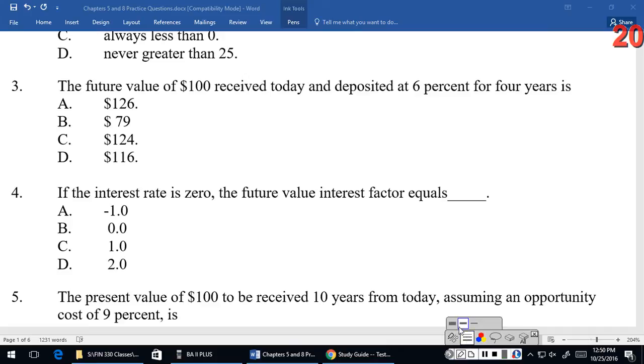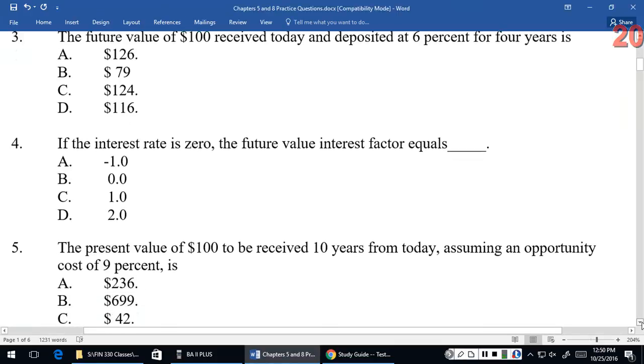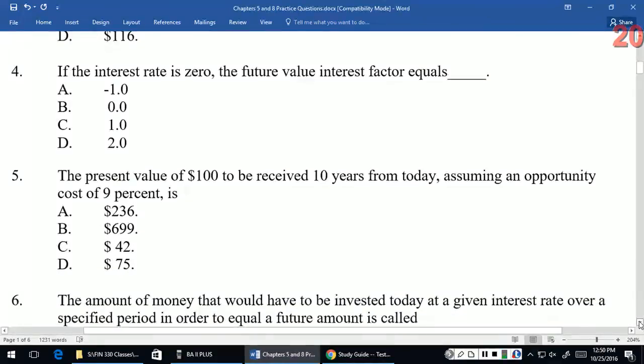All right, so let's try this again. Okay, the next one, number 4, says if the interest rate is 0, the future value interest factor equals how much?